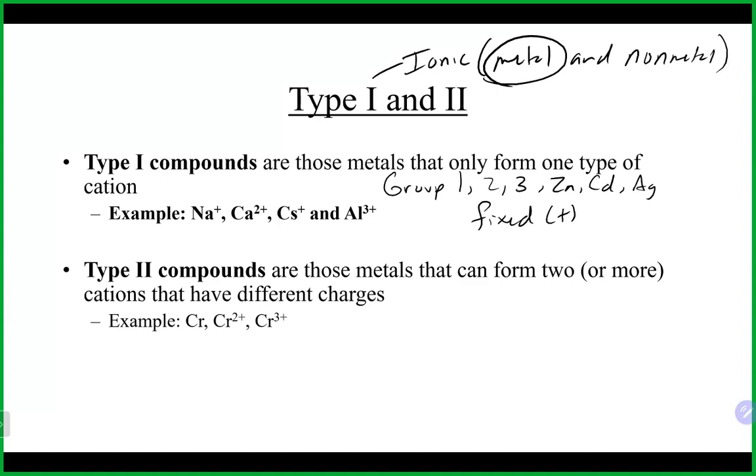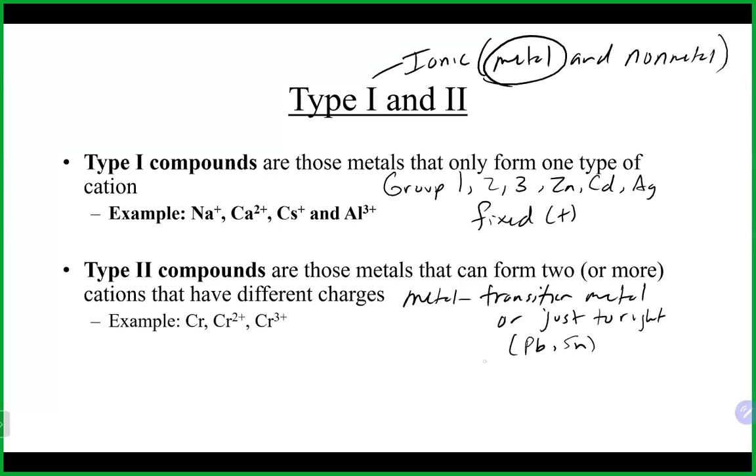A type 2 compound is one where the metal is a transition metal, or just to the right of it, where you find lead and tin underneath the staircase, basically.